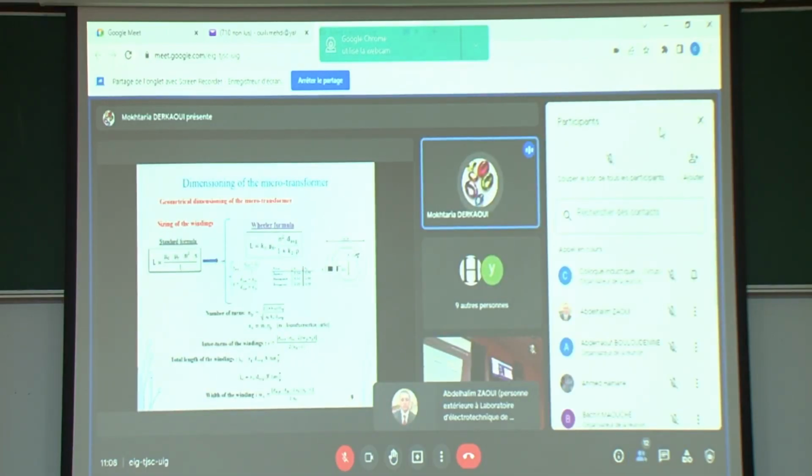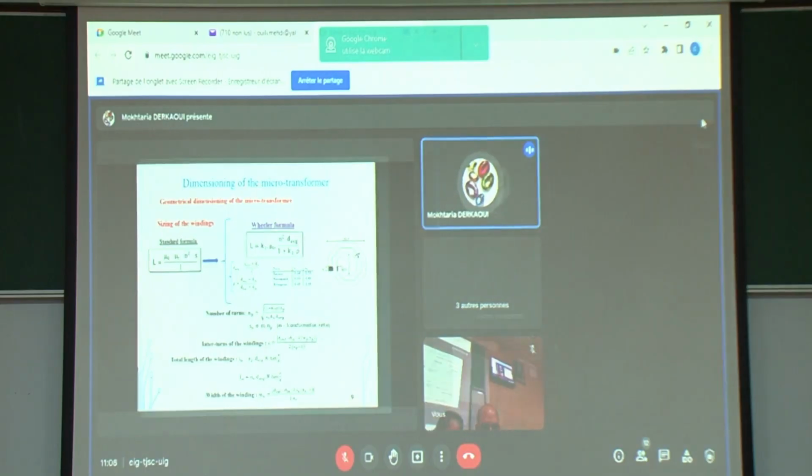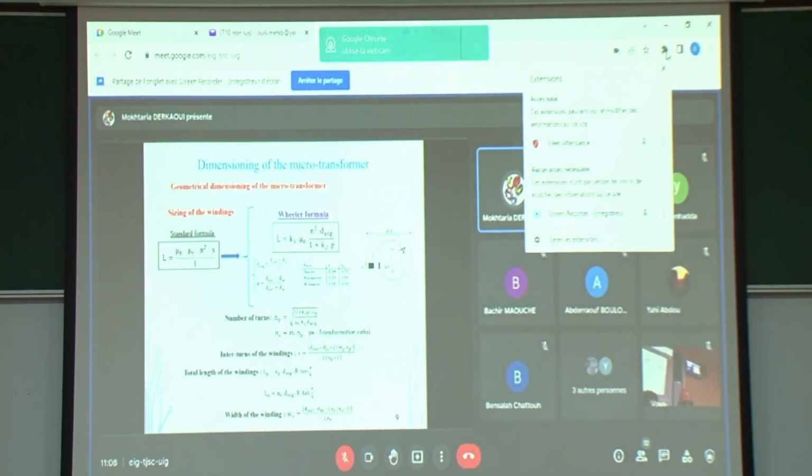For the sizing of the electrical circuit, the coils are planar spiral with octagonal form. To calculate the inductance value, we don't use the standard formula of inductance, but for the microscopic scale, we use another method.